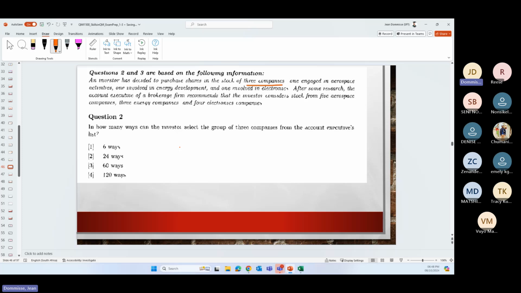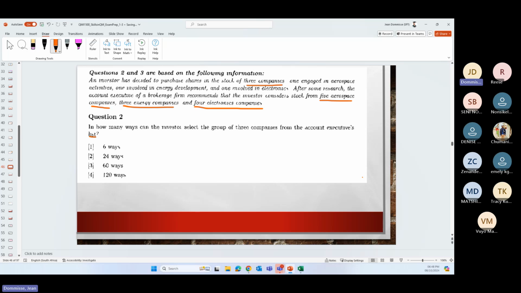After some research, the account executive of a brokerage firm recommends that the investor considers stock from 5 aerospace companies, 3 energy companies, and 4 electronic companies. In how many ways can the investor select the group of 3 companies from the account executive's list?